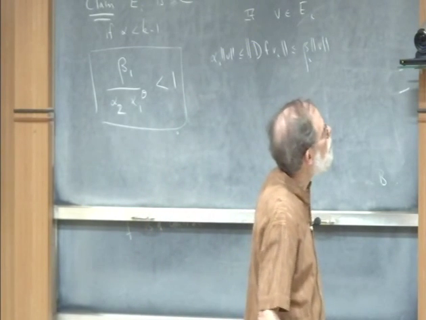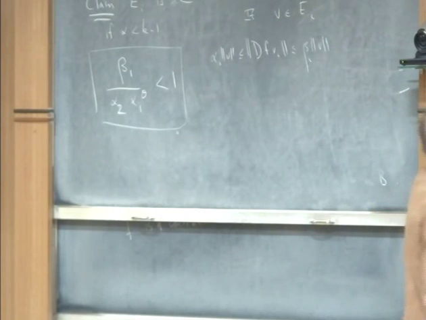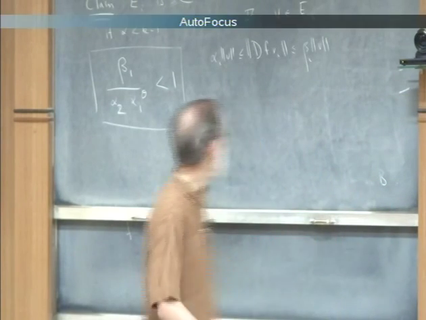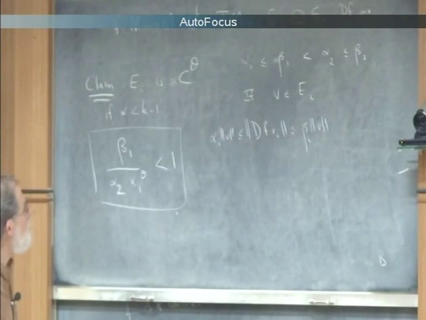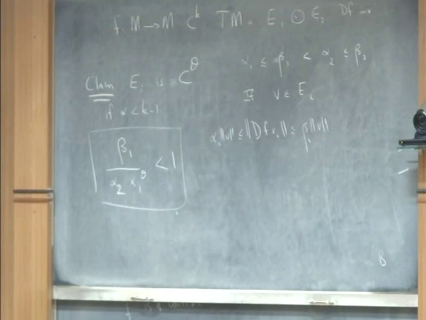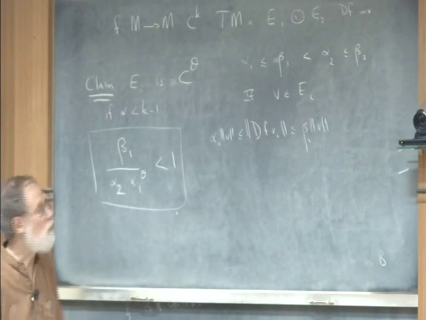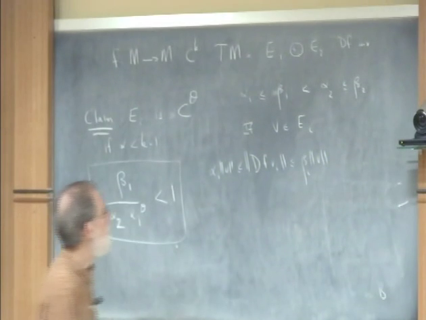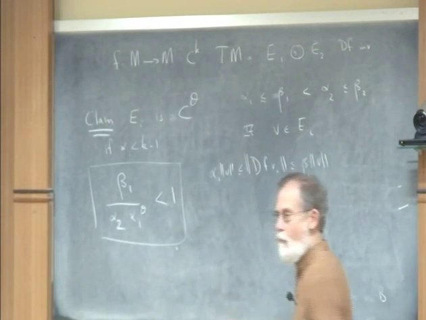Actually, perhaps I shouldn't have said vector bundle. What you would like to do is, in each tangent space, split it up as E^s plus E^u.